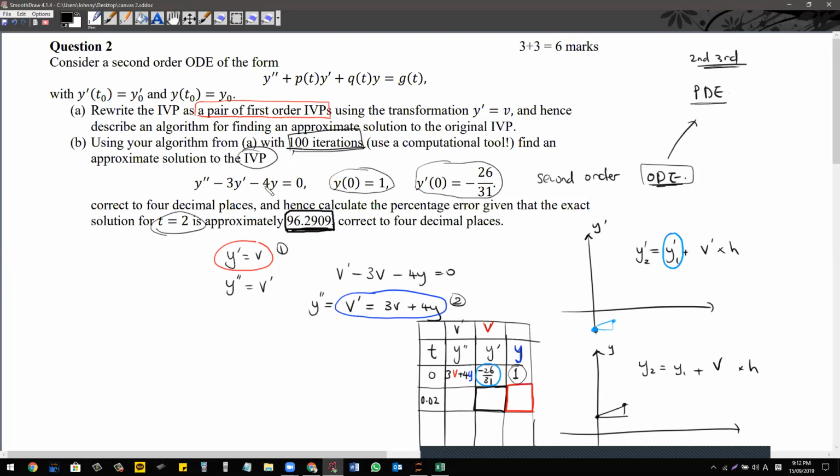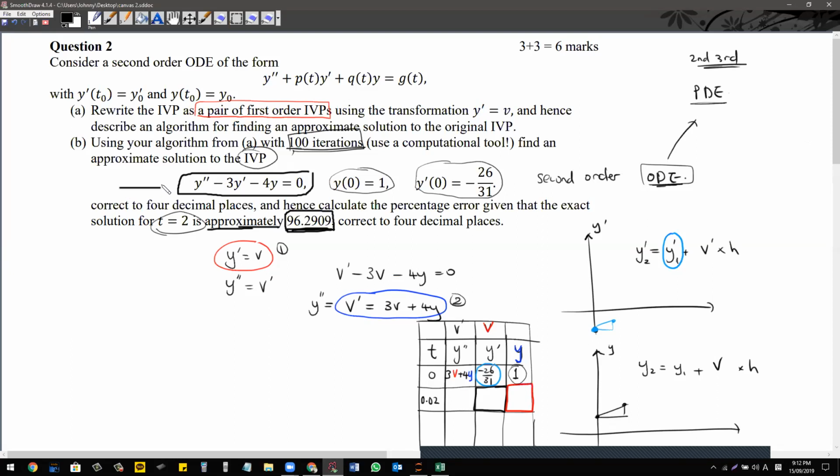Yeah. So what I'll do later tomorrow, though, is solve this exactly. This is exactly solvable. I can plug in 2 and see if it's really equal to 96.2909. Your teacher said it's approximately 96.2909, correct to 4 decimal places.